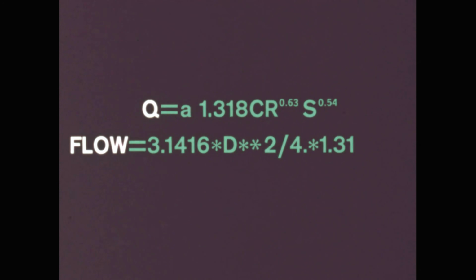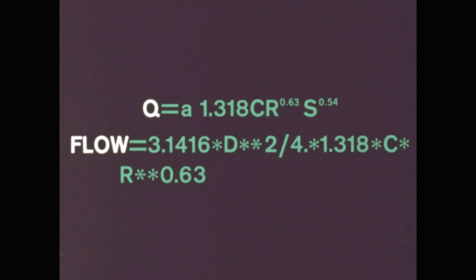The area of a circle must then be multiplied by a constant, 1.318. This must be multiplied by a quantity C, which stands for the coefficient of roughness of a pipe. This will be multiplied by a hydraulic radius raised to the 0.63 power.